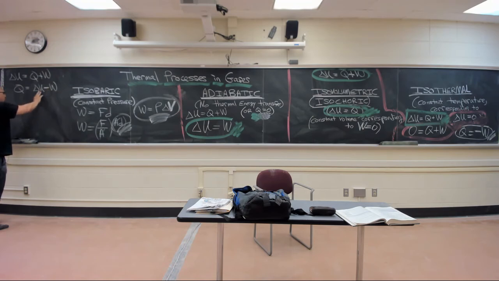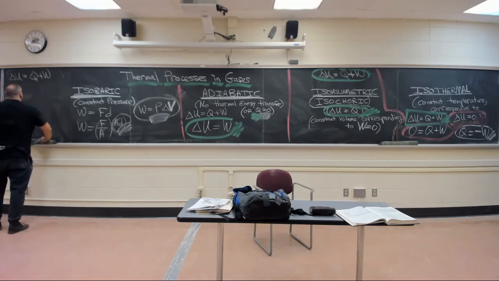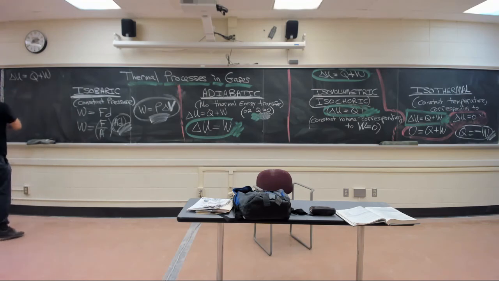This work plus the change in delta U will be Q. So I think this is true. I think it's just more easily visualized, guys, when we leave it like this and then make this game work.